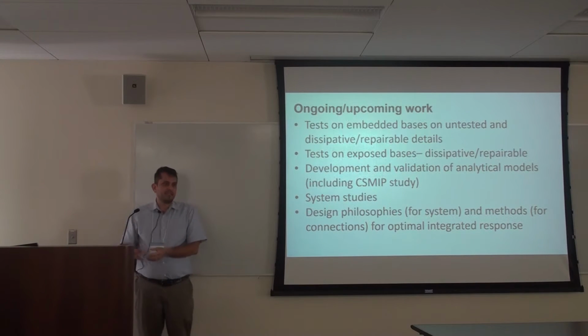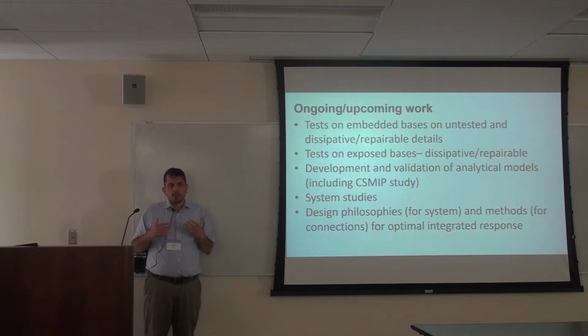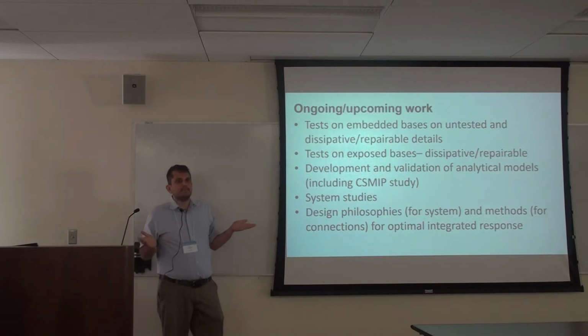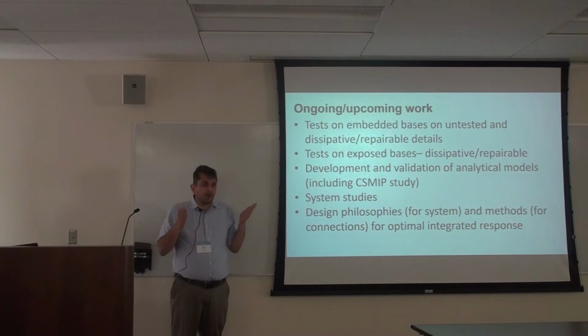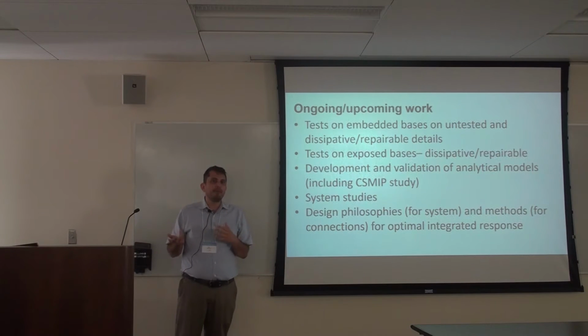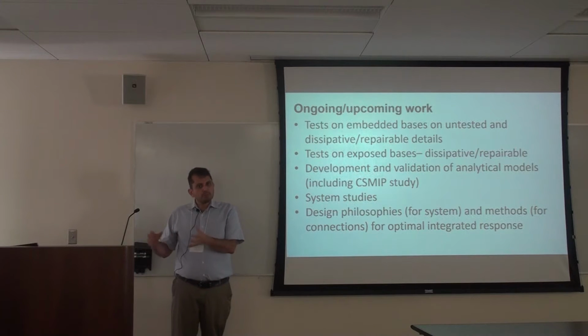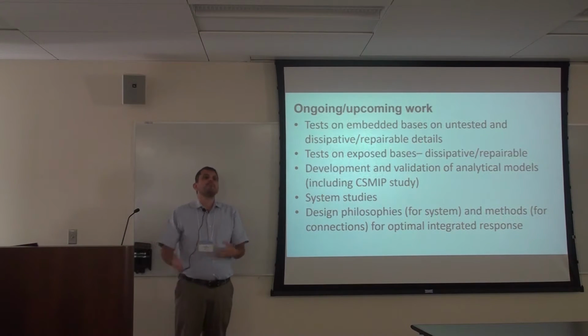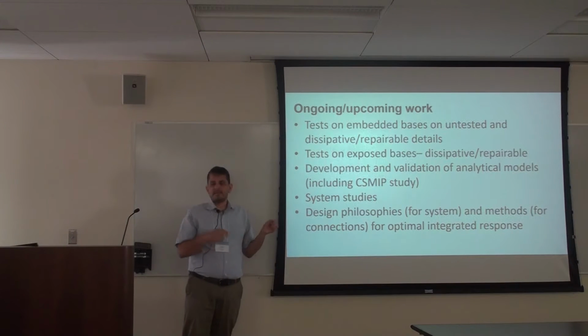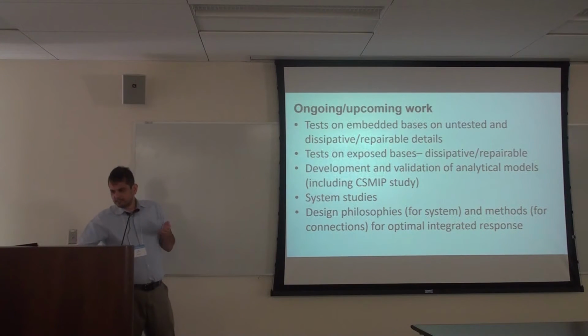Amarnath and I have talked about even thinking about doing them here, but the idea would be to do these component tests, and these would be on embedded connections as well as exposed type connections, focusing on understanding different details, focusing on understanding dissipative response, focusing on seeing if we can actually make these connections more repairable, right? And then once we have those, we'd basically try to develop component models for those and see how they work within the building, and then finally come up with design strategies.